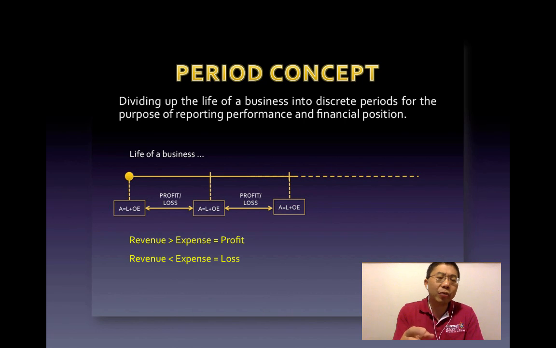But the point I'm trying to make is that the amounts of revenues and expenses are always determined for one particular period, period by period, right? But for the statement of financial position, the balances in the assets, liabilities, and owner's equity are continuously accumulated over the life of a particular business.